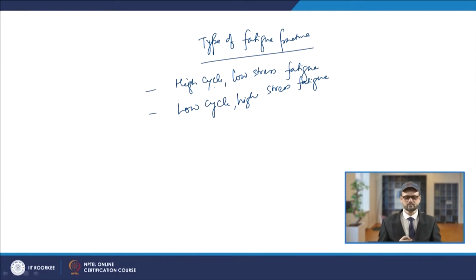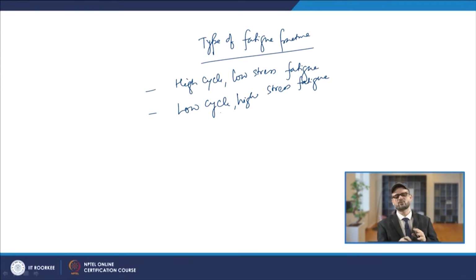Now, you have many kinds of structural components where low cycle fatigue is the problem. Typically cracks are found in the ship hull. That is because of low cycle fatigue, and that is high stress fatigue.